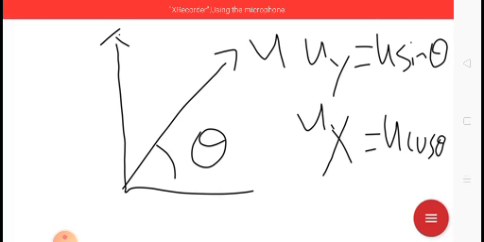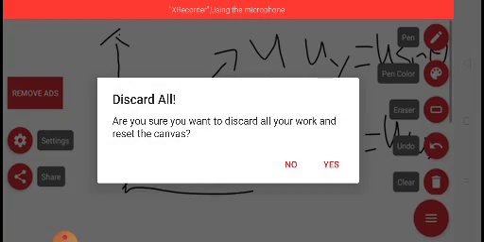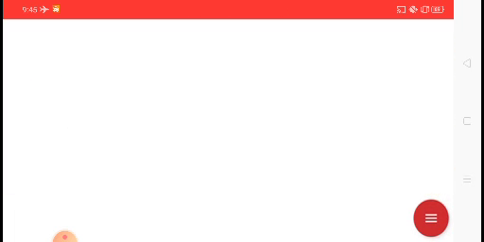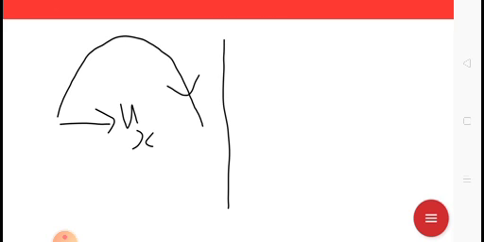Now we look at each component. For the horizontal component, when the item is projected, you have a horizontal component of u. Because we assume that the only acceleration acting on the body is gravity, and gravity is in the vertical component, when we talk about the horizontal component we don't need to consider any acceleration.